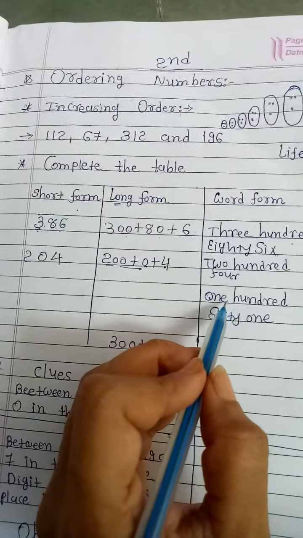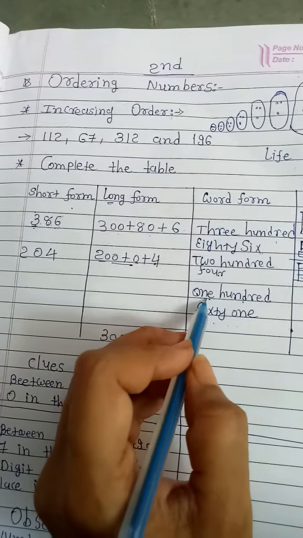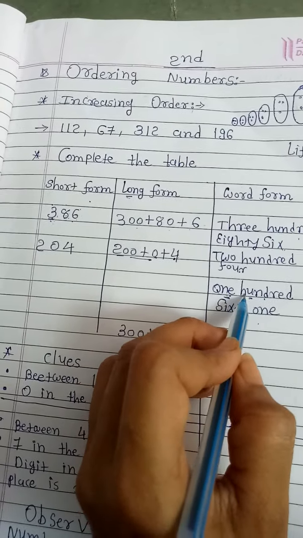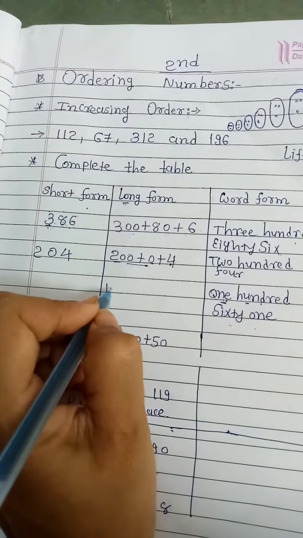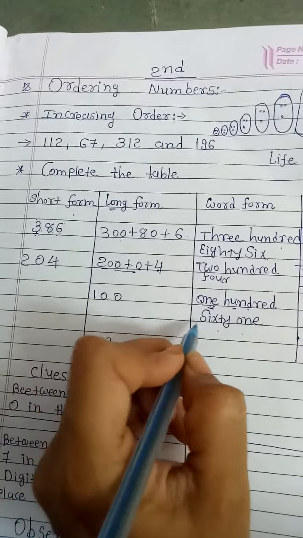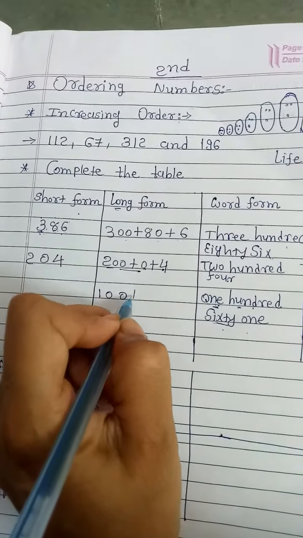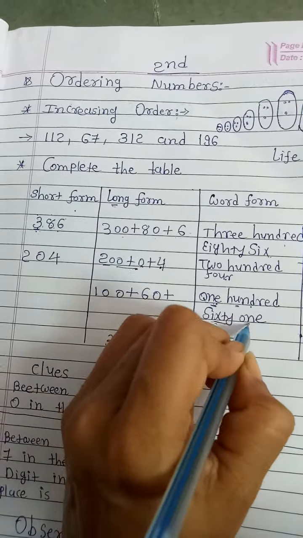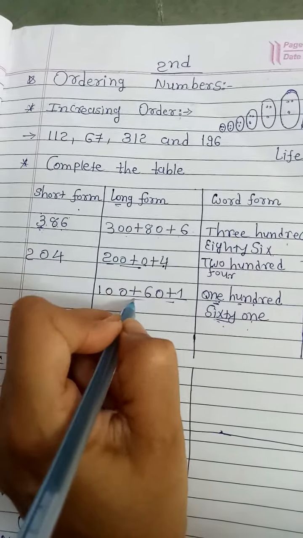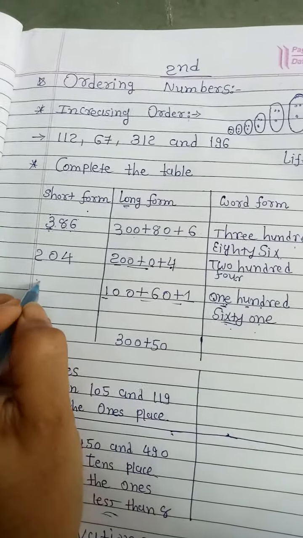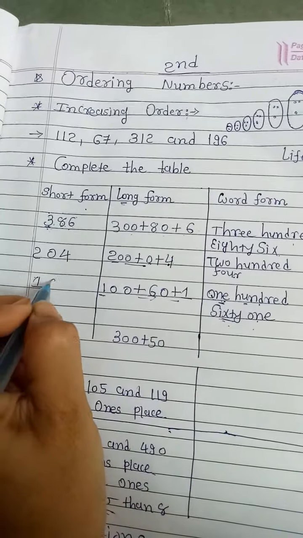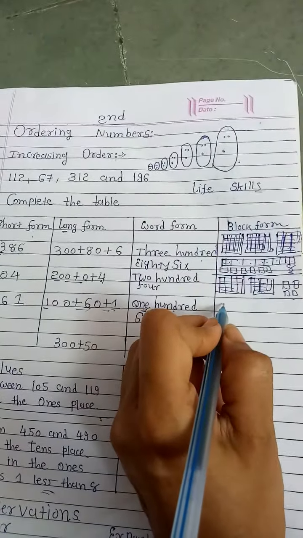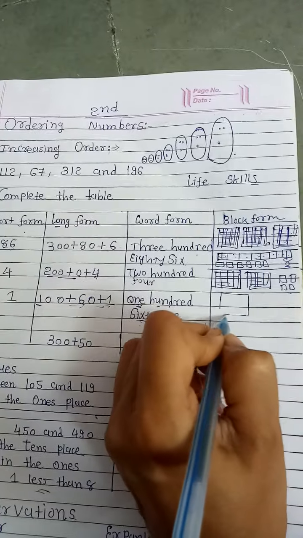And what is given here? 161. See here 100, 1, then after that what is 100? So write down 100. Then what is given? 60. So write down 60 plus what is given here? 1. If you combine these, take 1, take 6, then take this 1: 161. So here is only one big box.